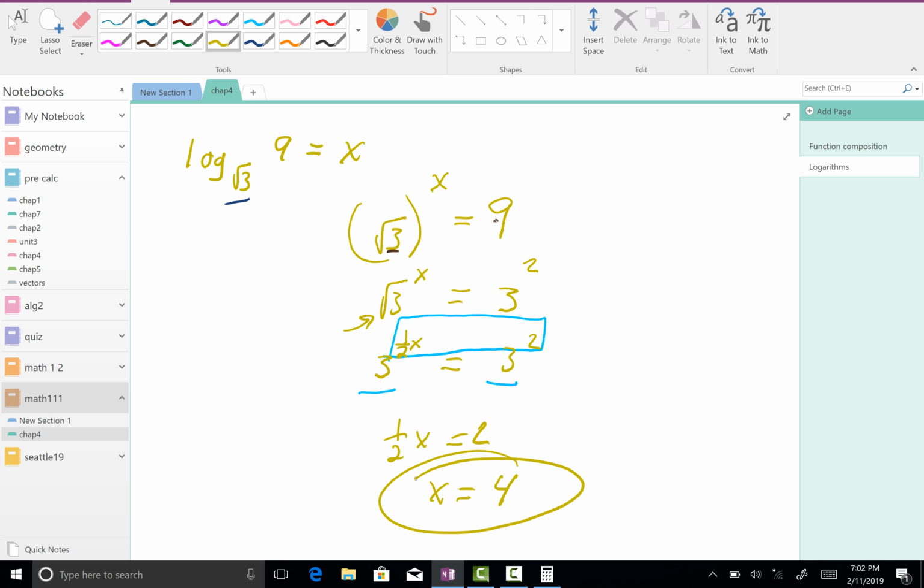D is going to move it up and down. It doesn't look like it, but it looks almost like stretching it, but it's moving it up and down. Just like all the other stuff that we were doing before. A is the vertical stretch. C is a translation left and right. D is one up and down. Doesn't change anything. And there's no reflection against the y-axis. There's no negative.